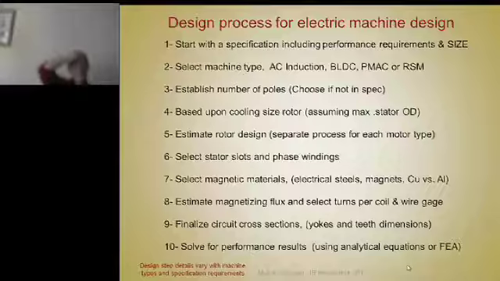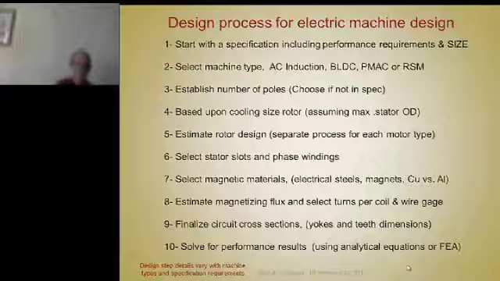Okay, now the final number of slots per phase can depend on a lot of things. If you want to have very short end turns in a machine and low I²R losses in the end turns, you want to have the end turns real tight against the end of the core, you don't want them sticking way out, then you have to have a slot pole combination that's a fractional slot or integral slot, whereas the coil is wrapped around a single tooth.